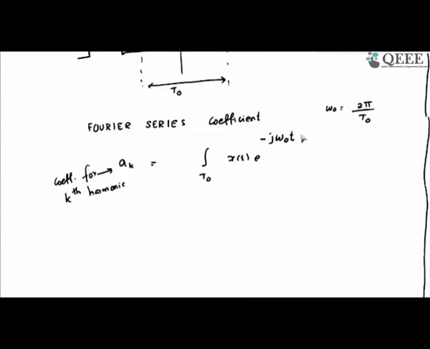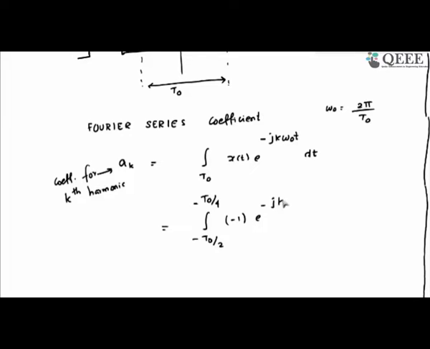If you go ahead and do the integral, I can break it up, starting from minus T naught by 2 to minus T naught by 4, where the value is minus 1, times e power minus j, oh, I have to put k omega naught t. Sorry, because I am finding the coefficient for the kth harmonic. So k omega naught t. Please make note of that change.